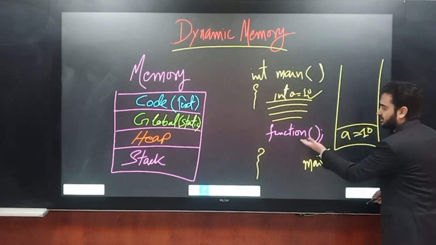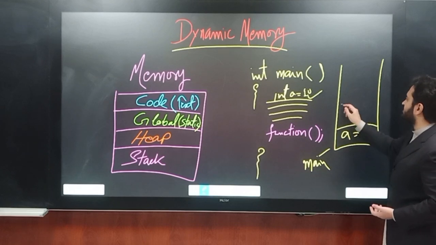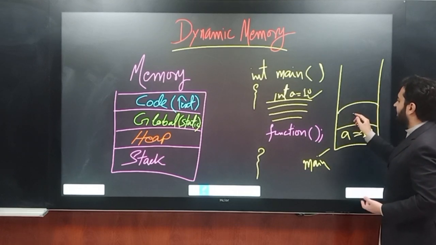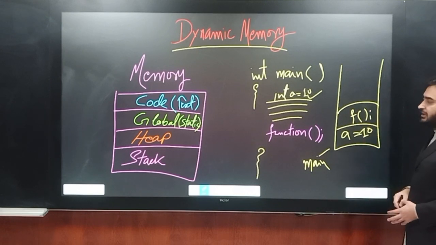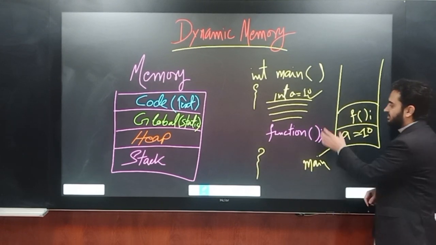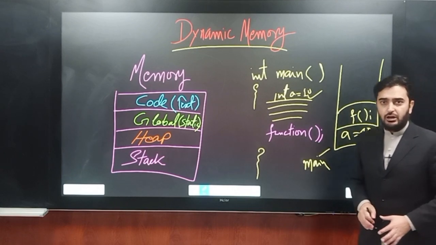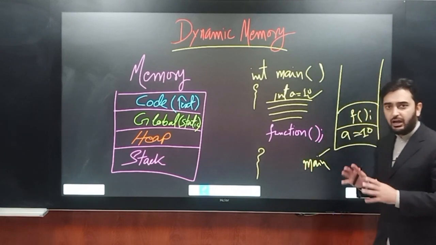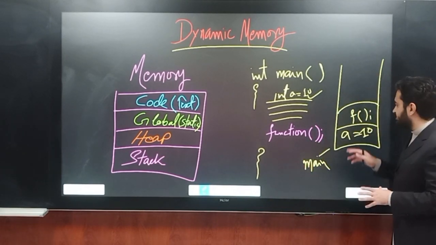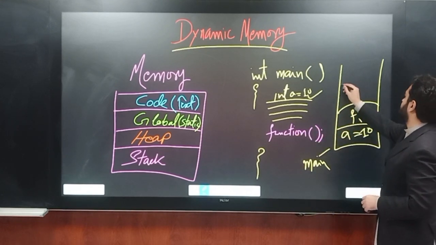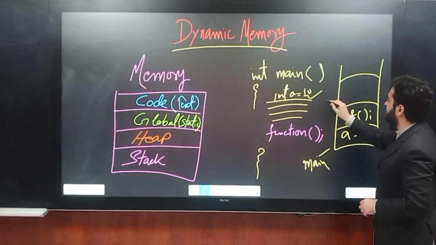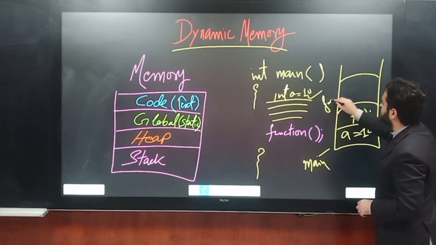So let's see an example of the calling function. For a function, you will see that a call of the function has been reserved inside the stack, and for that function the processor will allocate and create another stack inside this stack. So this will be the place for the calling function.